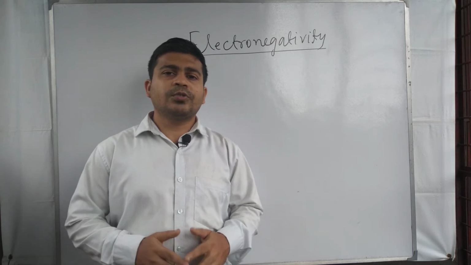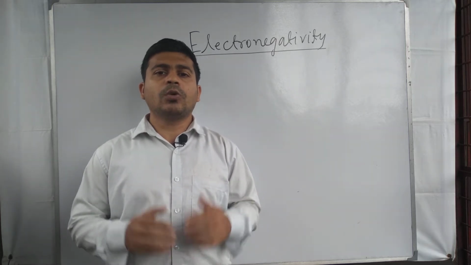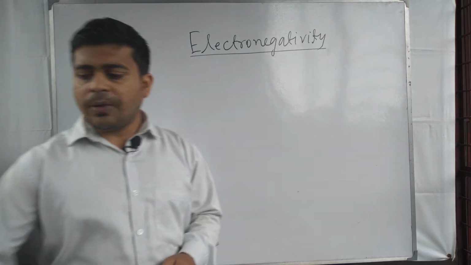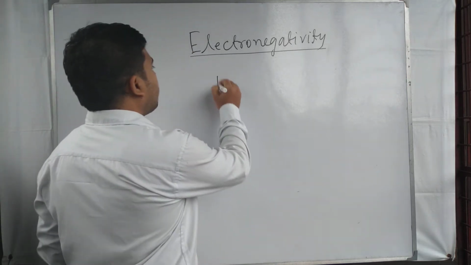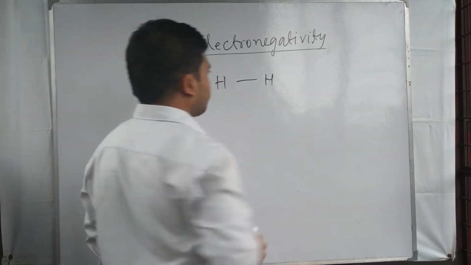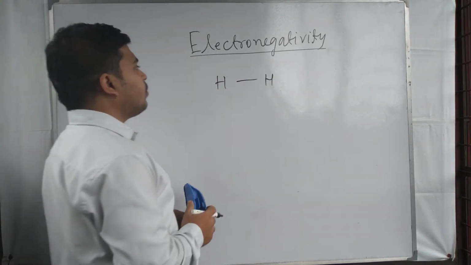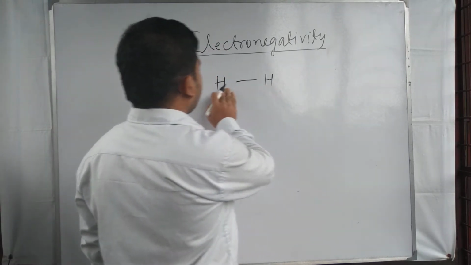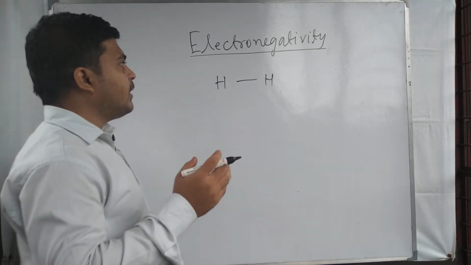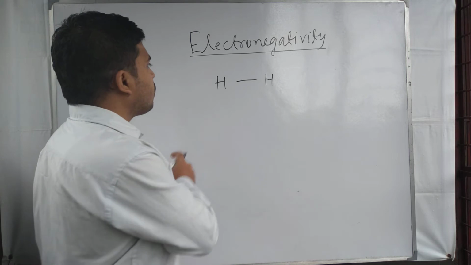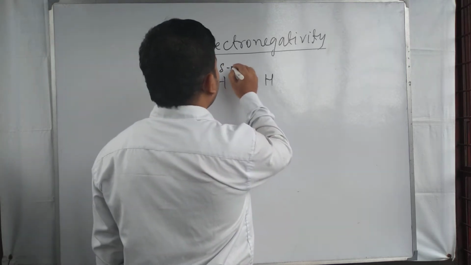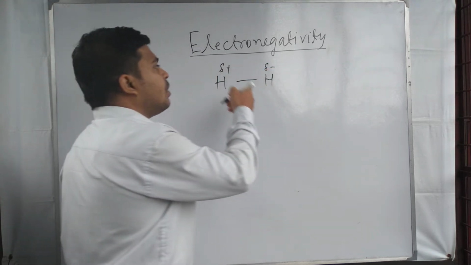I want to begin this topic with a common example. You see some molecules where no charge is present, for example, the hydrogen molecule. Here the partial charge on each hydrogen atom is absent, because the electronegativities of the two hydrogen atoms are equal, so the partial delta plus and delta minus charges are not developed.